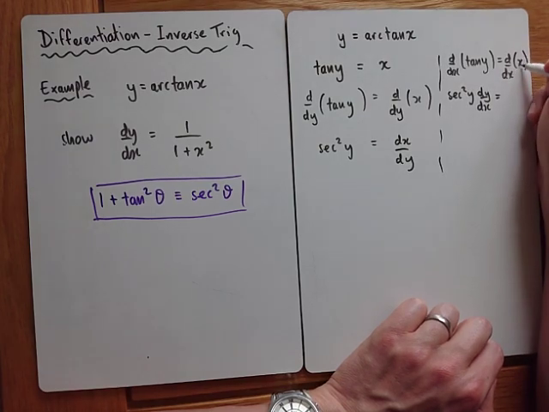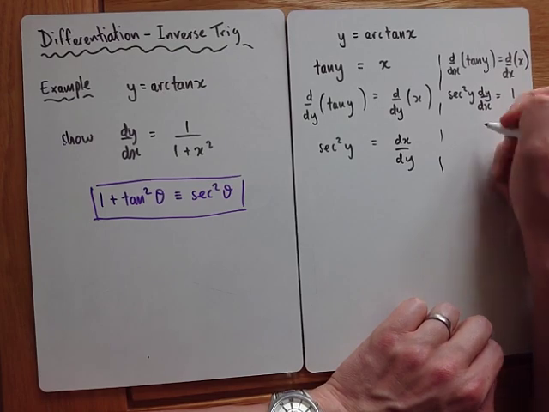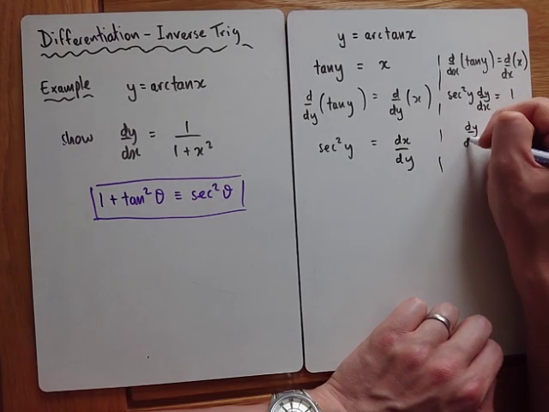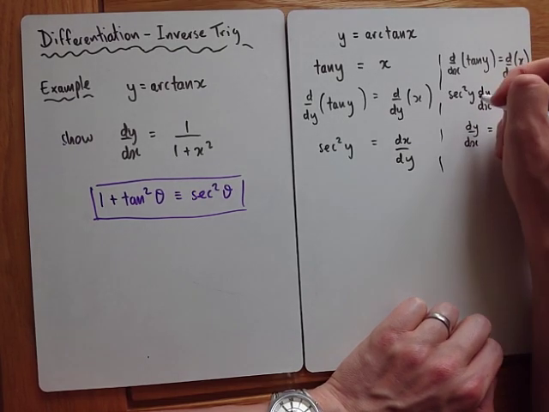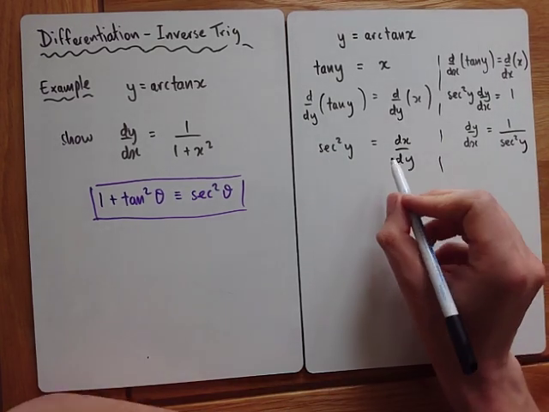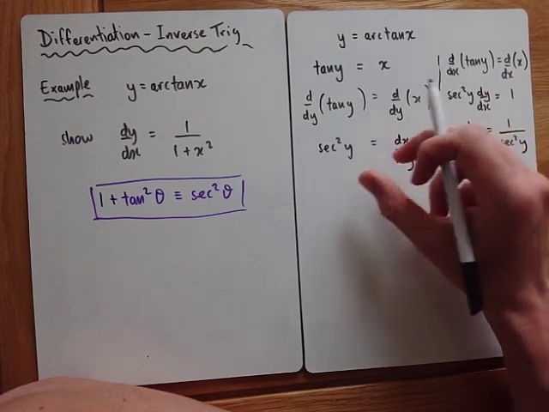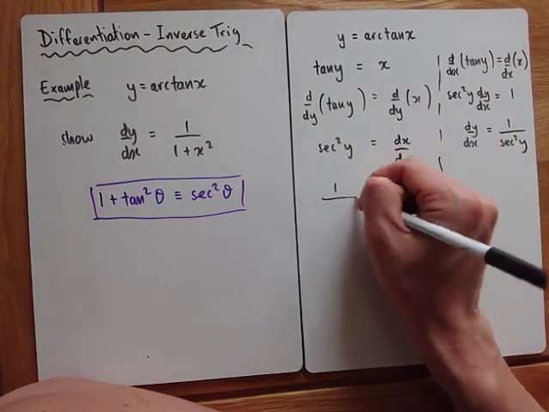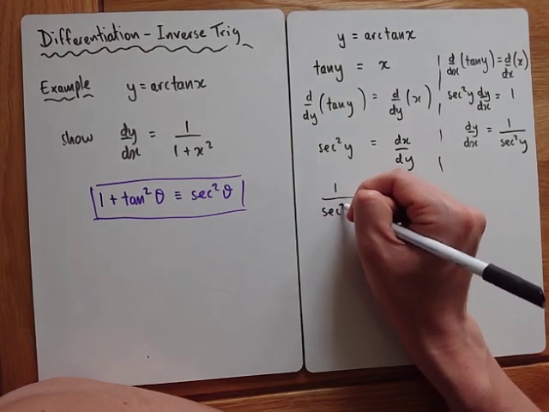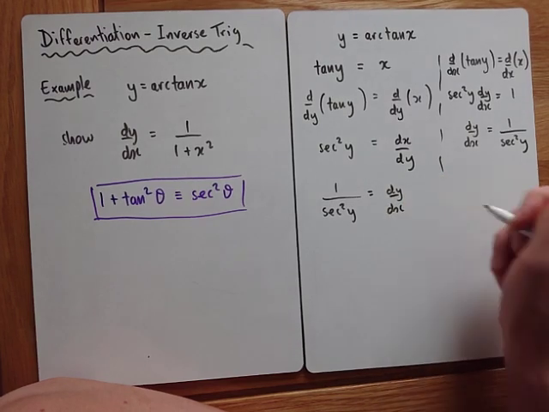And if you differentiate the right hand side with respect to x, you just get 1. So that would give me dy by dx equals 1 over sec squared. And we get the same answer for this, don't we? If we rearrange this, we can take the reciprocal of both sides. So 1 over sec squared y would equal dy by dx.